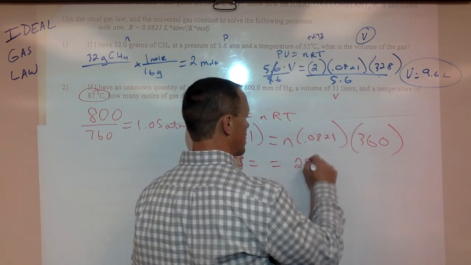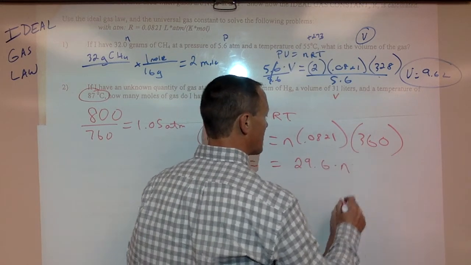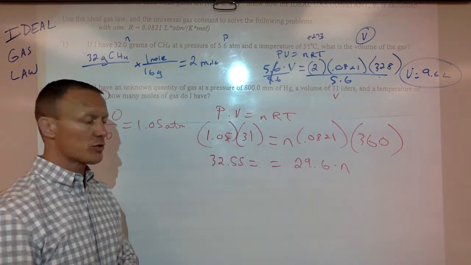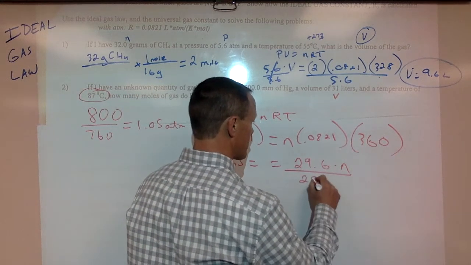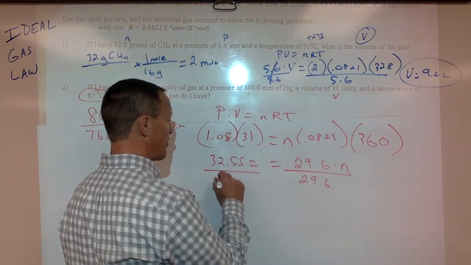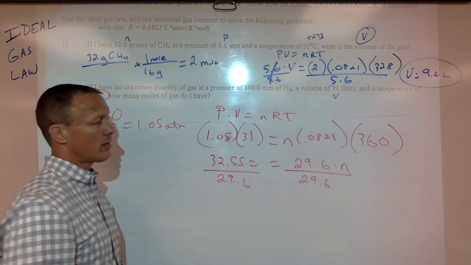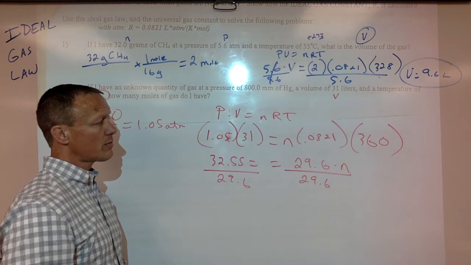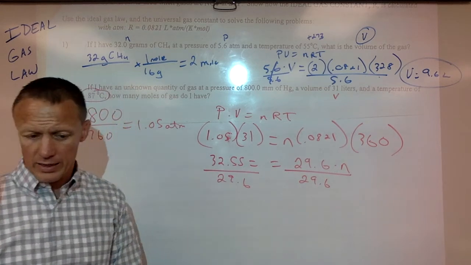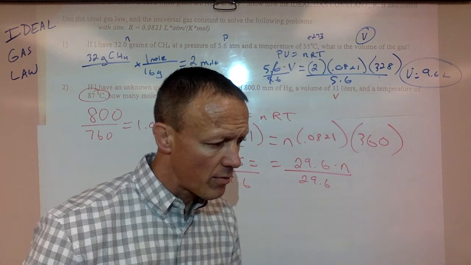So we have 29.6 times n. Again, we're trying to get n by itself, so we're going to divide both sides by 29.6. And we can get our number of moles.